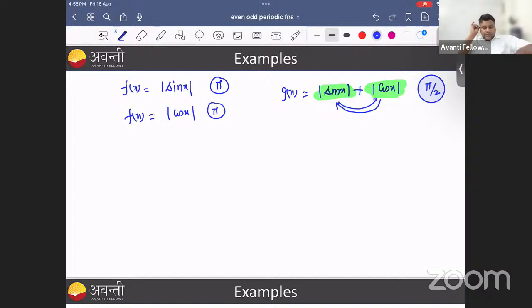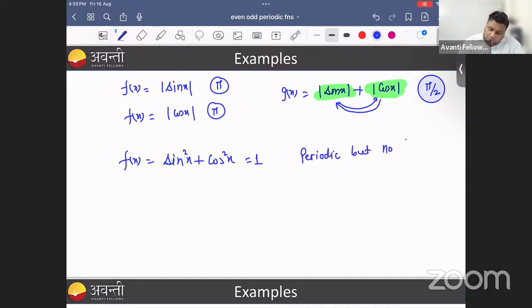Got it? Now, say f(x) is sine square x plus cos square x. See, isn't it 1 directly? But sine square x is periodic with period pi, cos square x is periodic with period pi, but sine square x plus cos square x is periodic, but no fundamental period is defined.